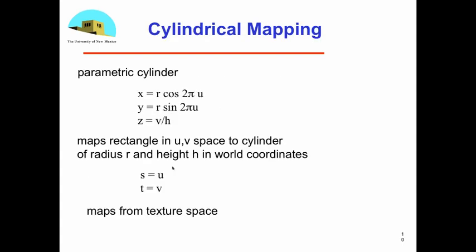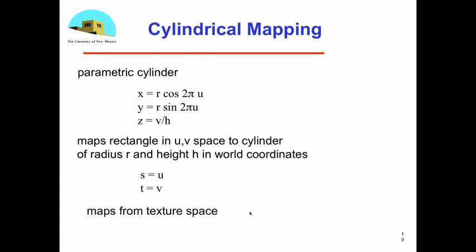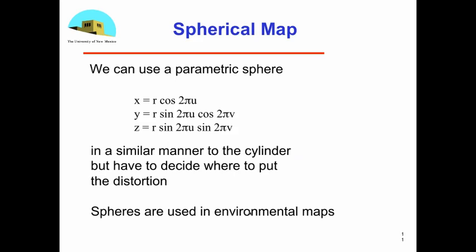If you look at the cylinder, there's really no distortion when I wrap this rectangle around the cylinder. We're ignoring the top and the bottom. However, we know from previous discussions that when we map something that's flat to a sphere, or a sphere to something that's rectangular, there has to be distortion.